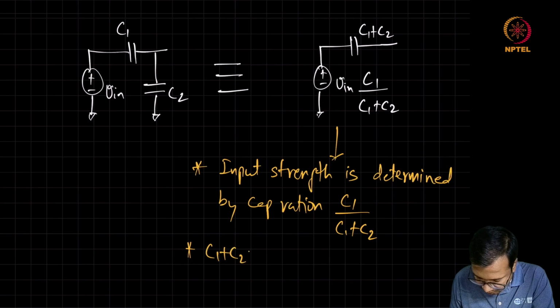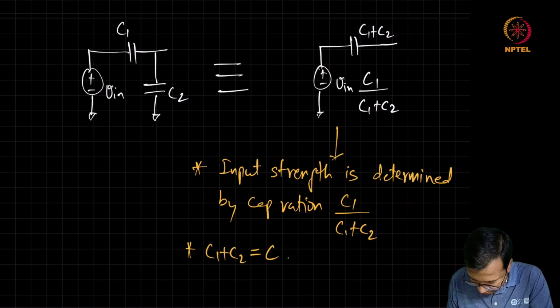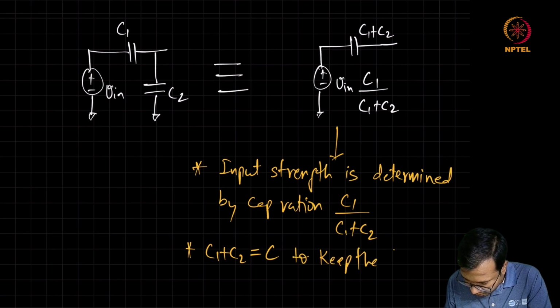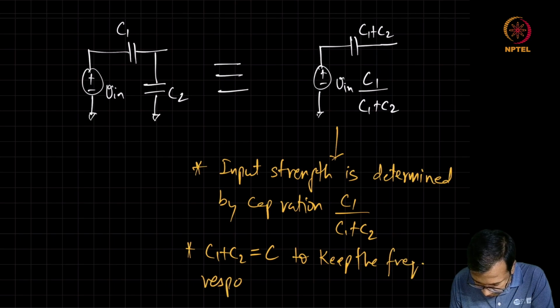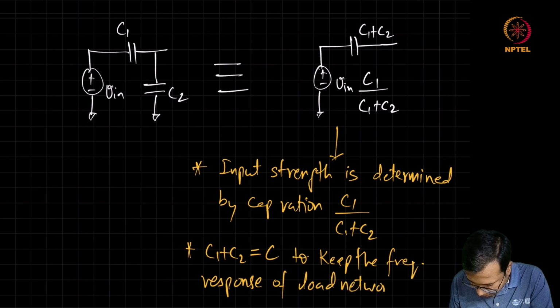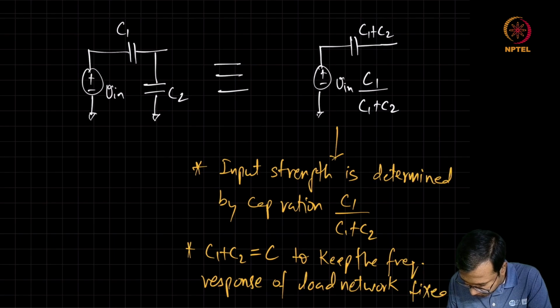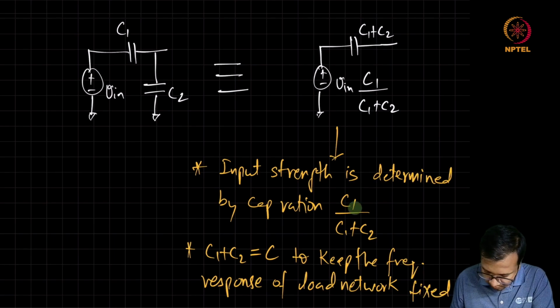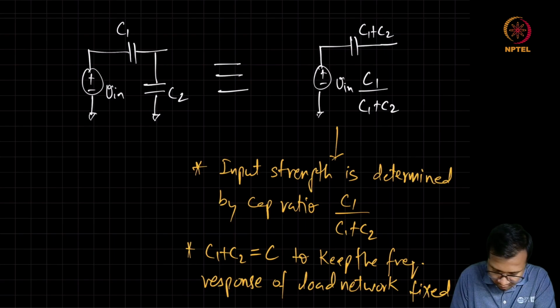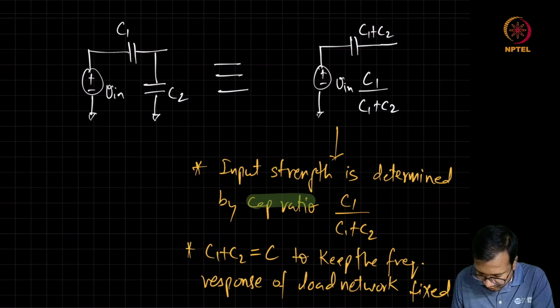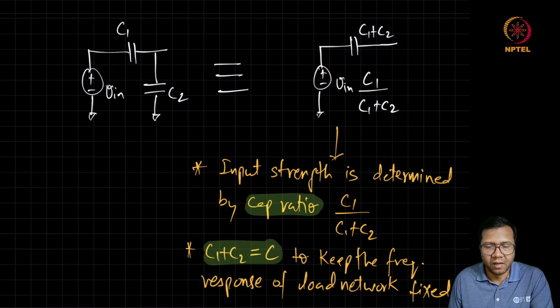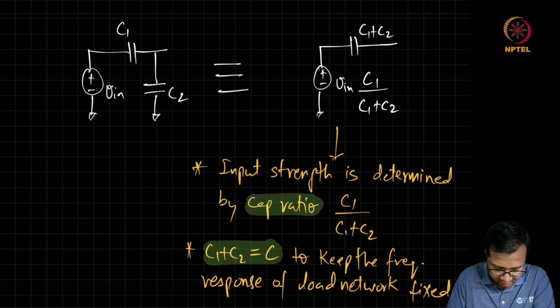C1 plus C2 can be made to be equal to C to keep the frequency response of load network fixed. So we have got this cap ratio. At the same time, we are not changing the frequency response of the load network.